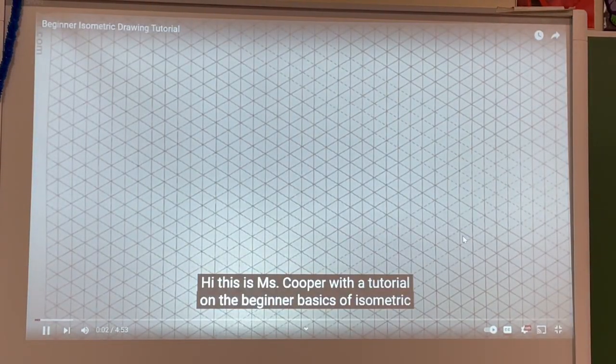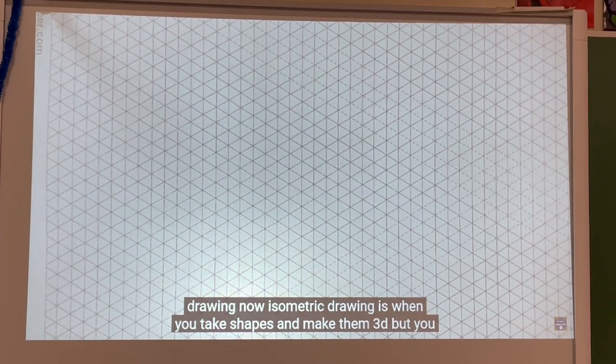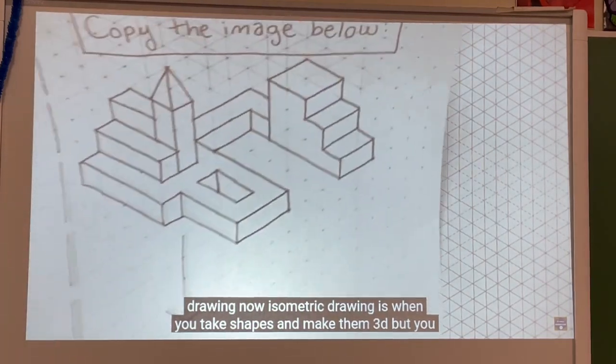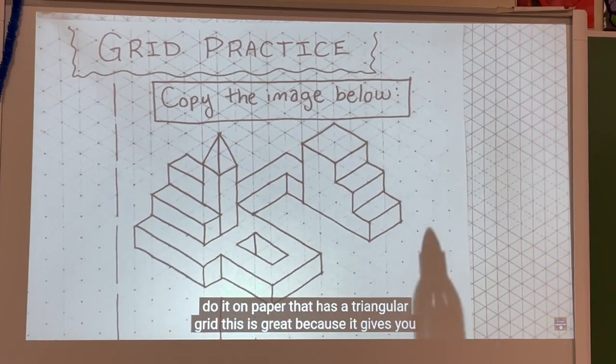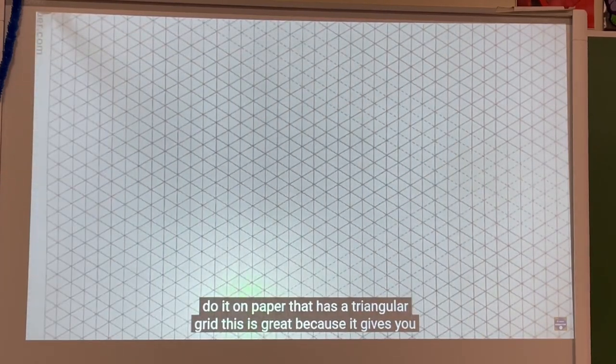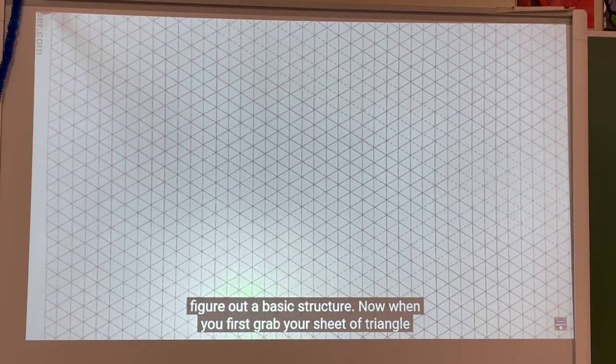Hi, this is Ms. Cooper with a tutorial on the beginner basics of isometric drawing. Now, isometric drawing is when you take shapes and make them 3D, but you do it on paper that has a triangular grid. This is great because it gives you some rules when you draw so that you can do things out of your imagination and figure out a basic structure.